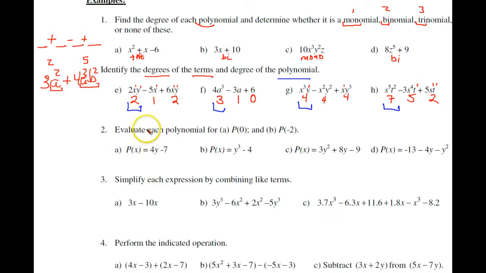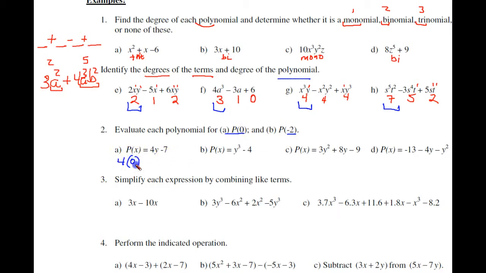Now here they want you to evaluate a polynomial with -2 replacing the letter. Okay, so let's just set this up. Actually they want us to do two parts, a 0 first, then a negative 2.